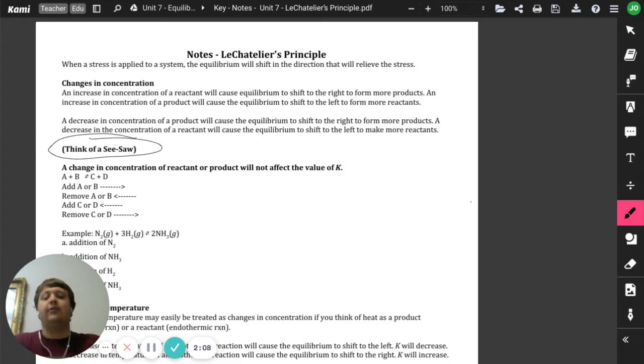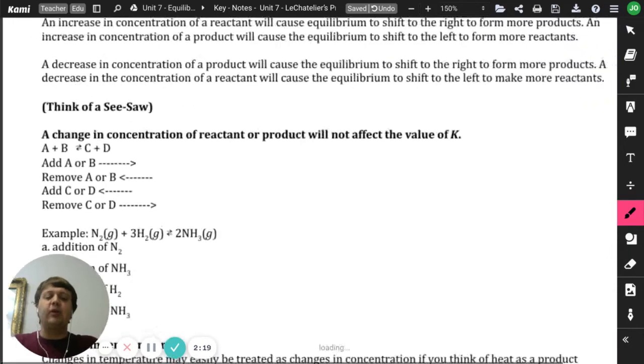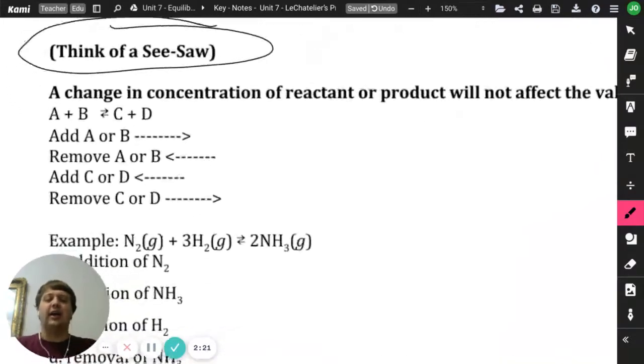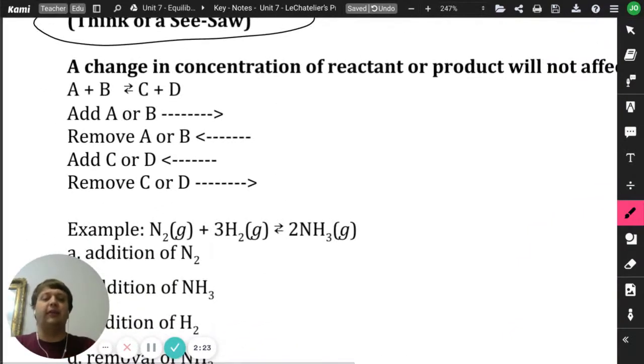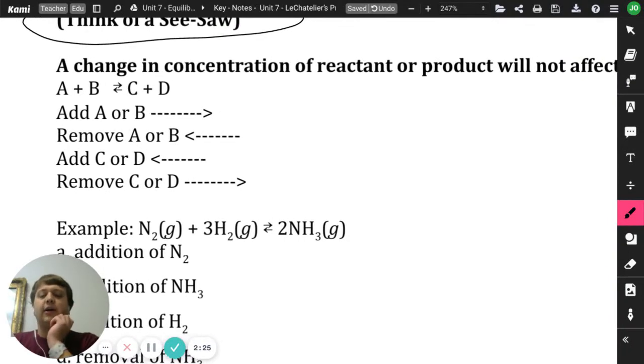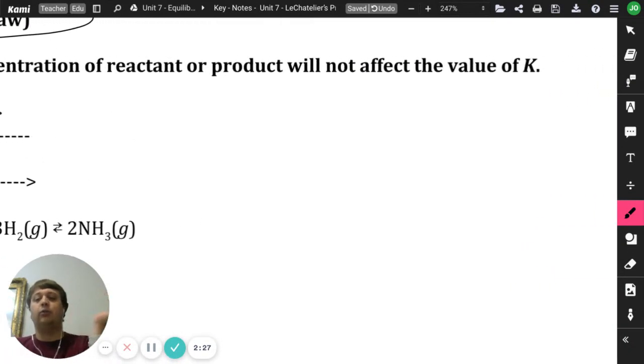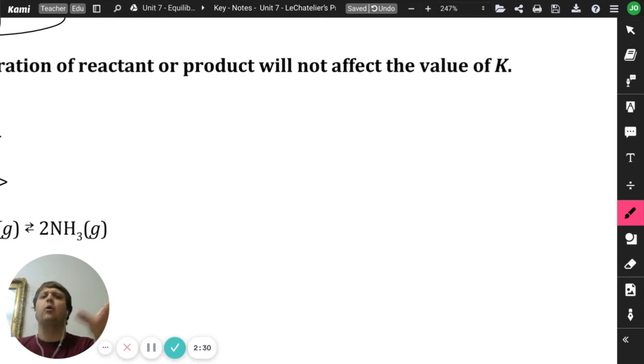I cannot stress this enough because the seesaw has helped me so many times with equilibrium, just determining which direction this reaction is going to proceed, okay? So let's take a look at this. This is kind of a conceptual way of looking at this. So a change in concentration of reactants or products will not affect the value of K, okay? So we're not going to actually affect the value of K, which is that equilibrium constant.